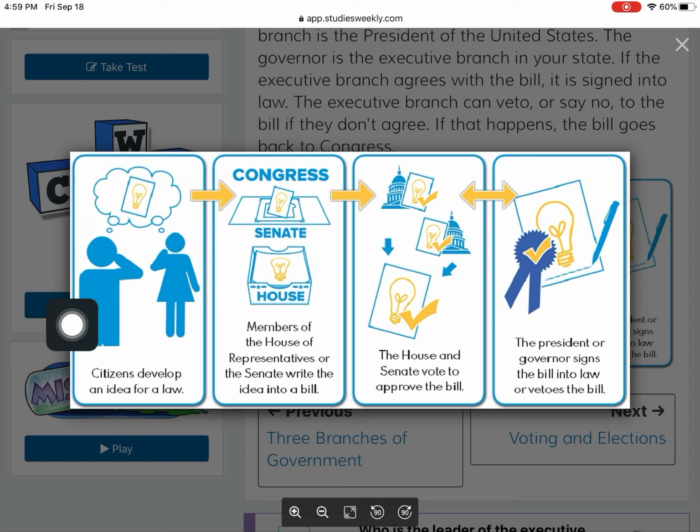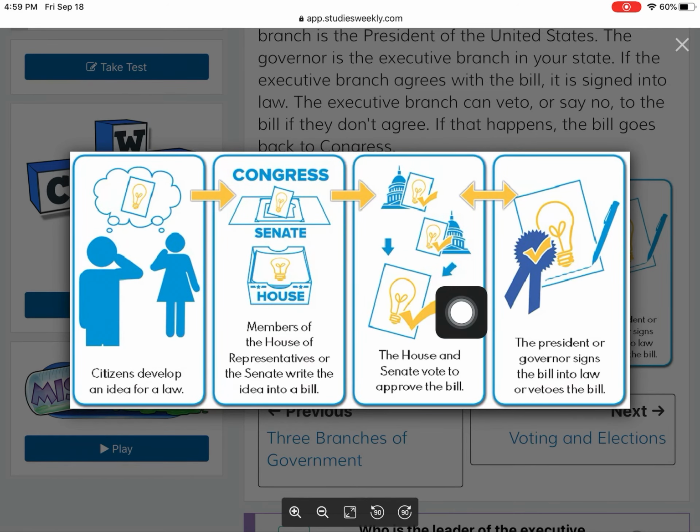So an everyday citizen, even you, could think of an idea for a new law. You then have to get your idea to one of your representatives in Congress. If they think that that's a good idea for a law too, then they're going to write that into a bill.